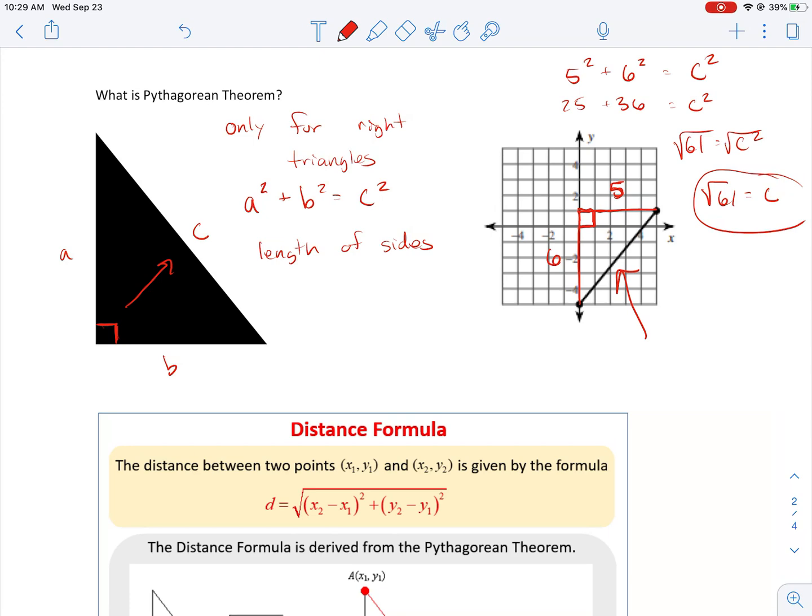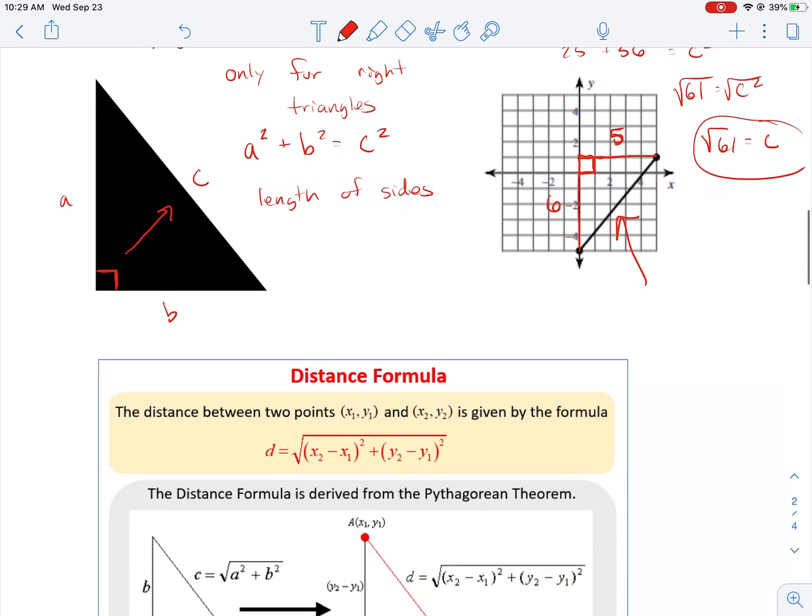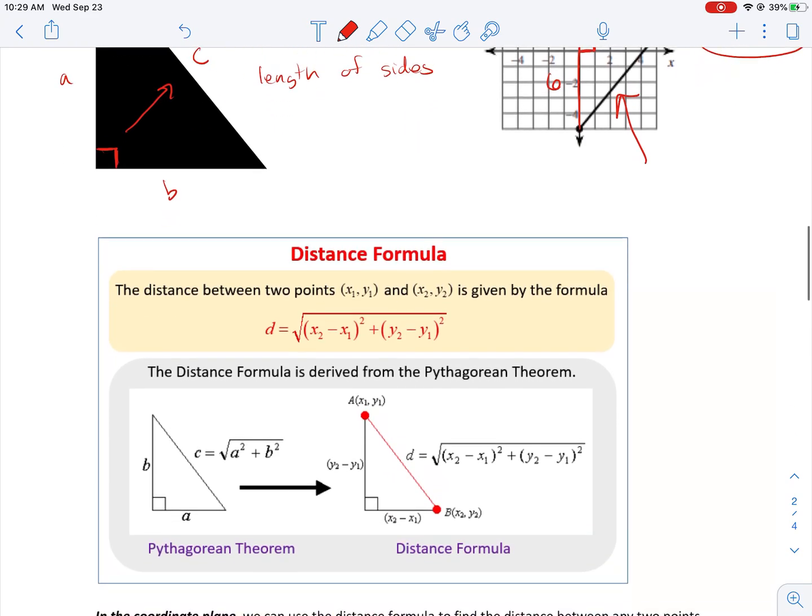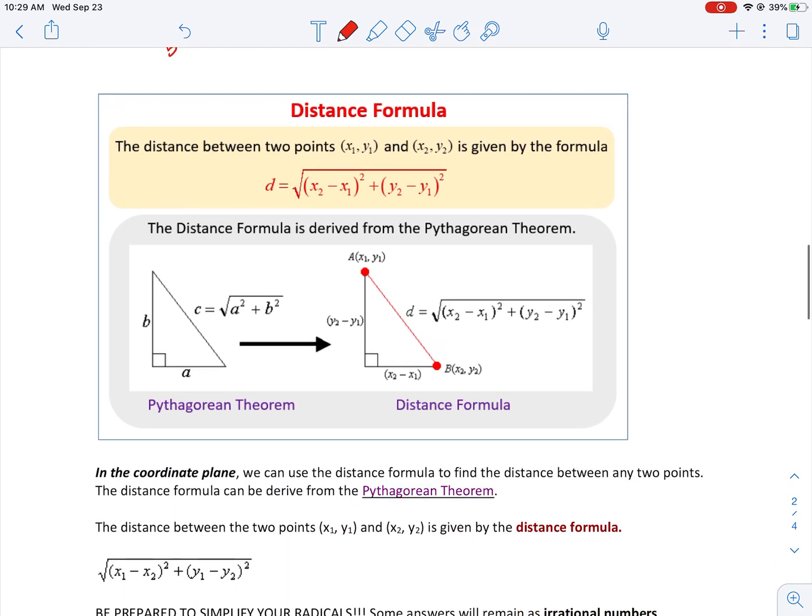The distance formula takes those things into account and is actually derived from Pythagorean's theorem. Let me go down here and scroll to the distance formula. The distance between 2 points is given by this formula: the square root of (x2 minus x1) squared plus (y2 minus y1) squared.